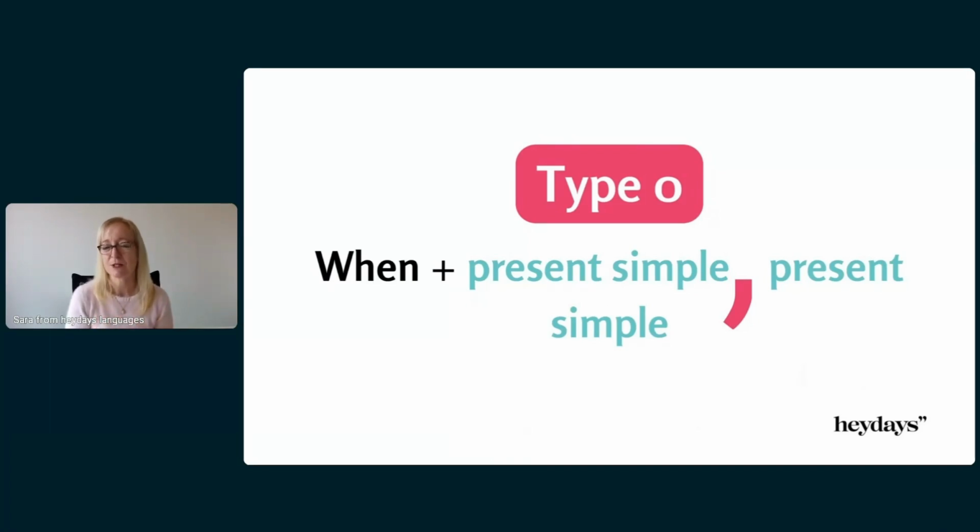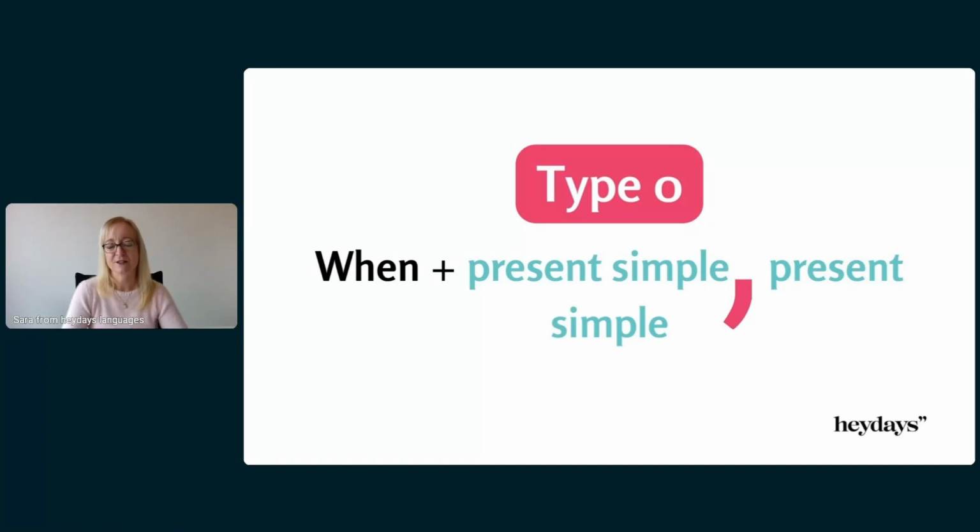So in the type 0 conditional, you can use when instead of the if, but watch out, not in type 1, 2, and 3. Okay? There is a small nuance, a subtle difference between when and if. If I change my example, I can make it clearer for you.